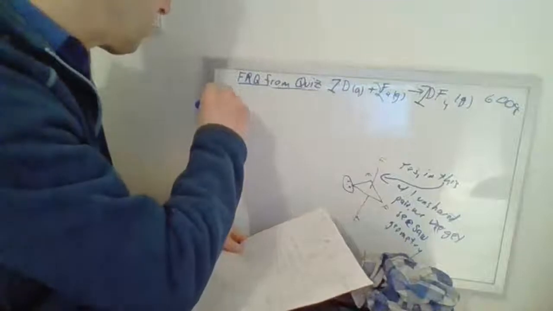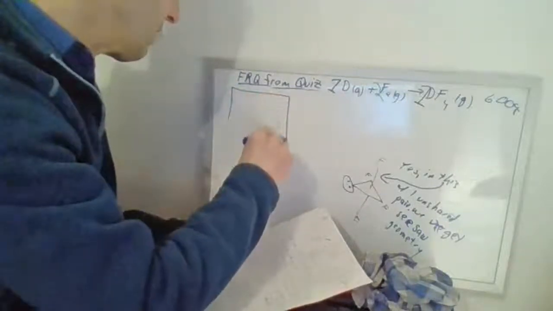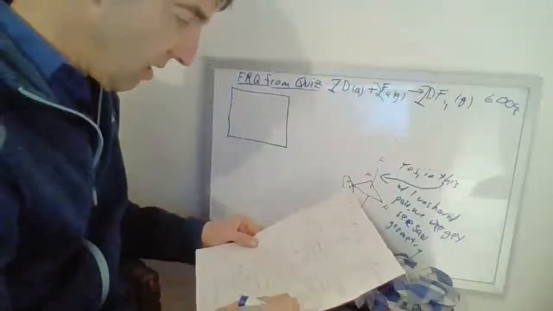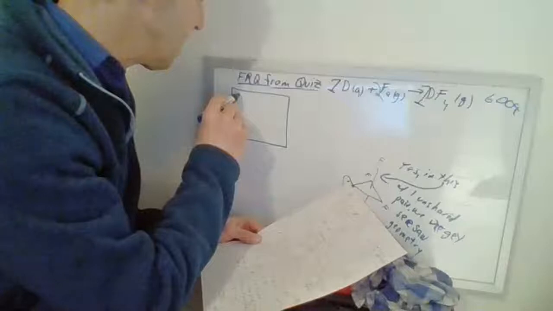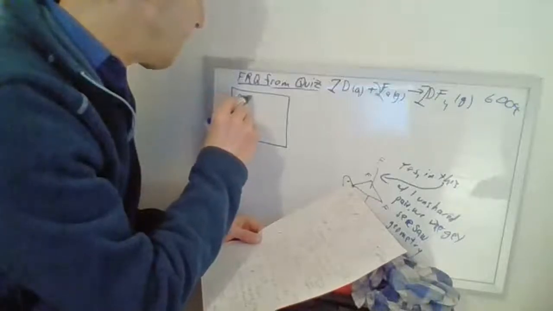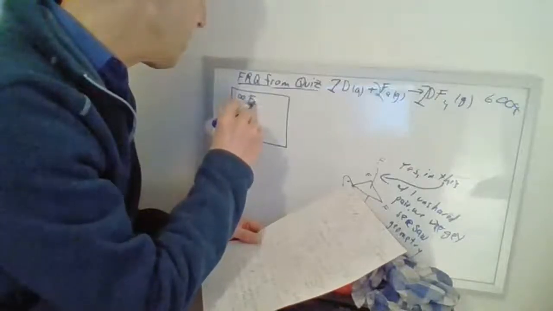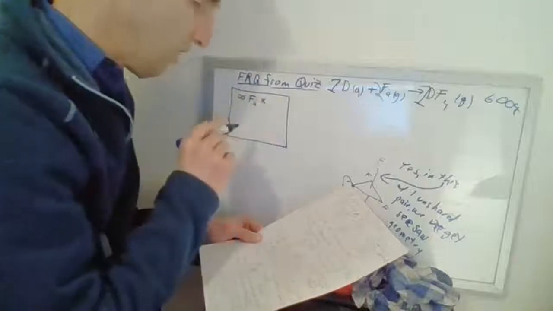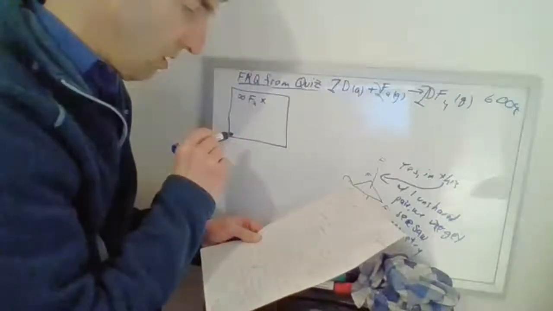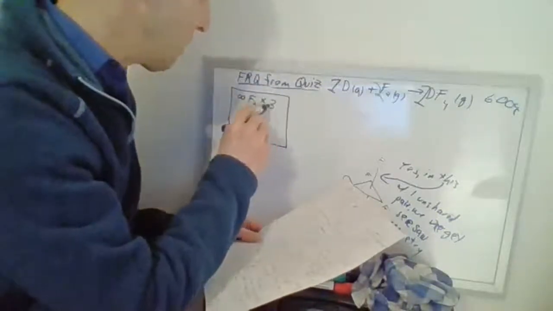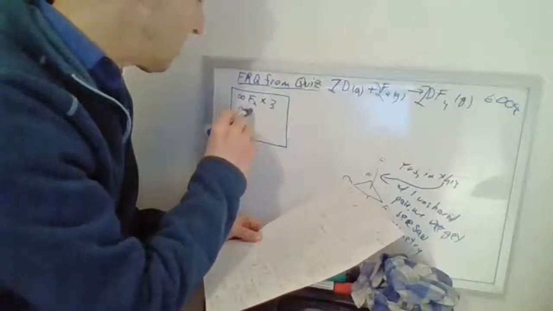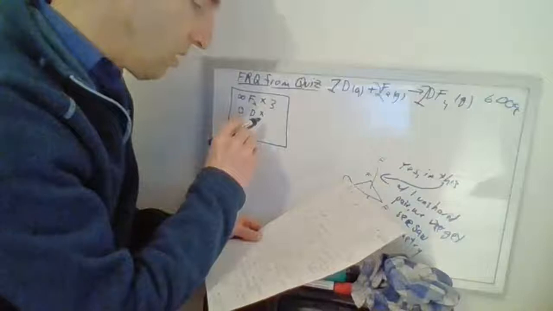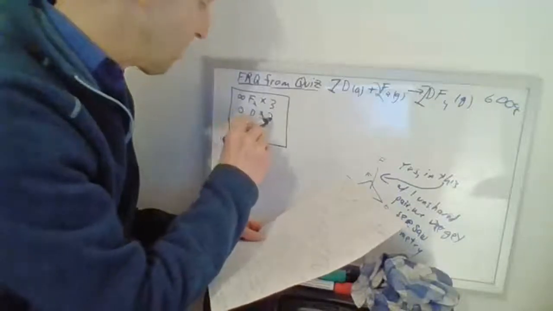And the box of particles, I'm not going to draw the whole thing, but it had this guy, that was F2, and there were 3 of them. And then there was this guy, and that's D, and there were 2 of them.